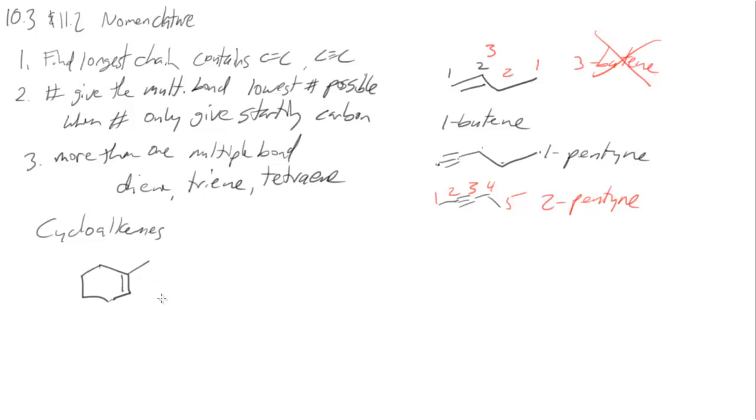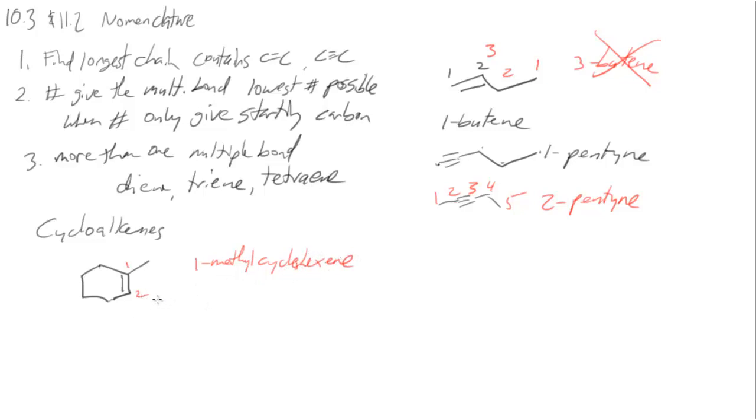But if I have a cycloalkene, for example, now I need to figure out how to number this as well. So I've got choices. I should start with my alkene being 1 and 2, so I can either go 1, 2 this direction, which would give me 1 methyl cyclohexene, or 1 methyl cyclohex 1-ene.